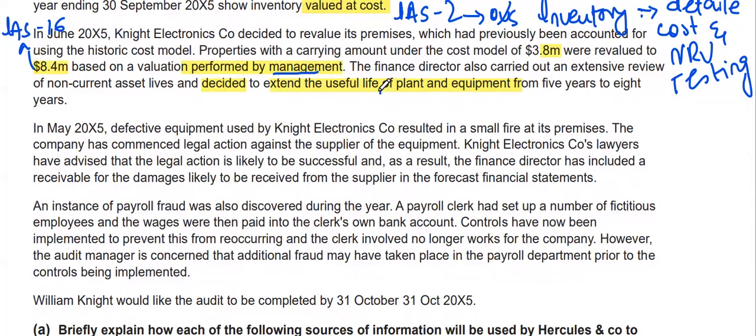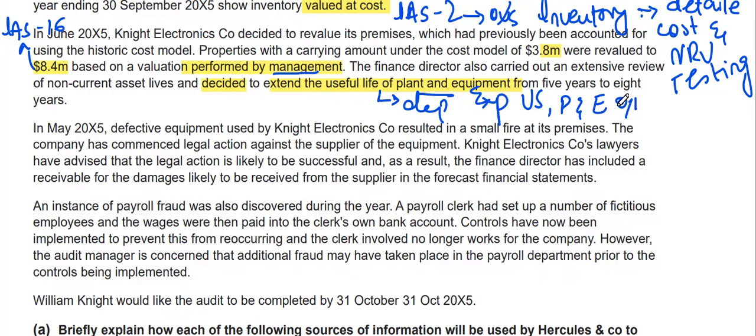So please write the word property, plant, equipment instead of non-current assets. The examiner specifically highlights that students write non-current assets instead of plant and equipment. You should write the exact name of that asset. So there is an increased risk that depreciation expense is understated and plant and equipment is overstated.